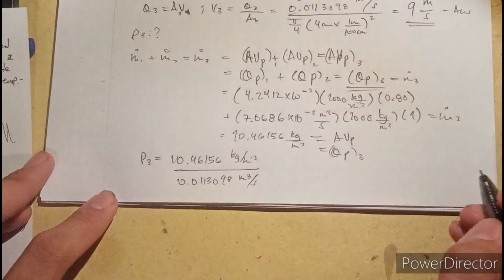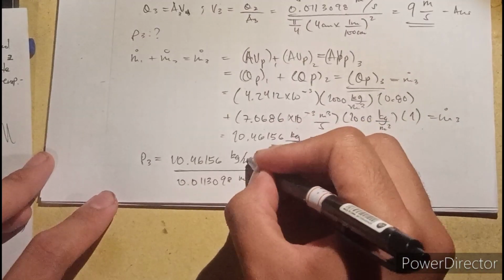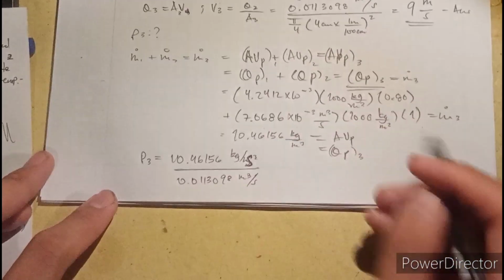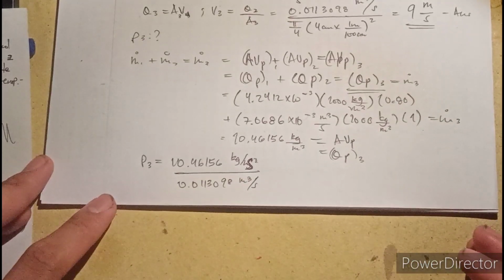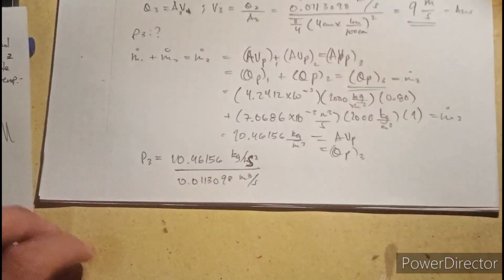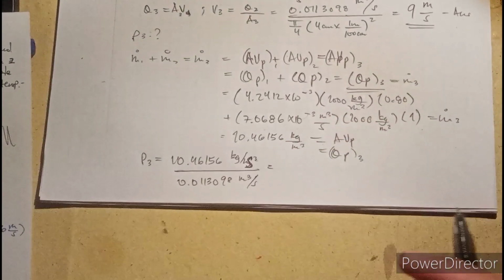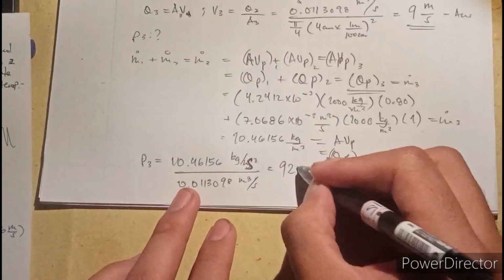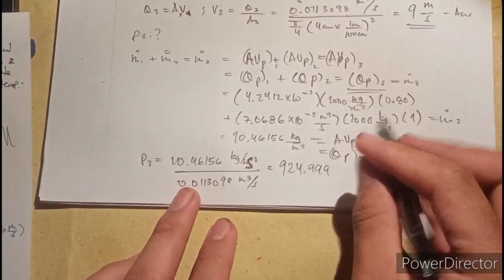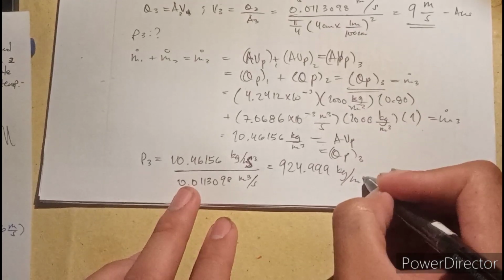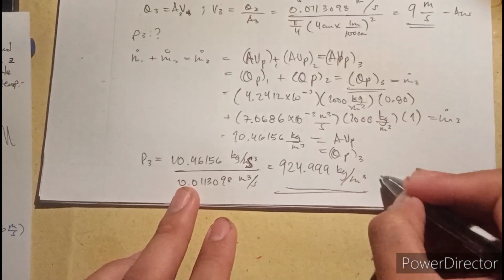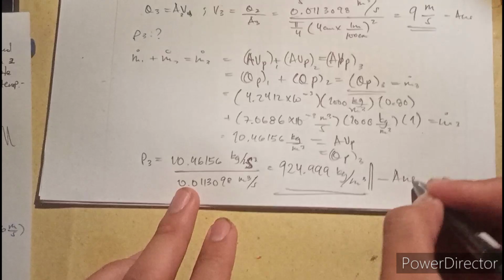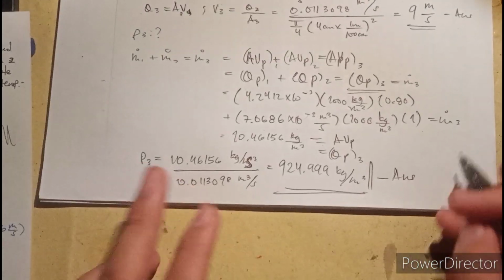The seconds cancel, leaving kilograms per cubic meter, which gives the answer of 924.99 kilograms per cubic meter. Therefore, we have the final answer for density 3.